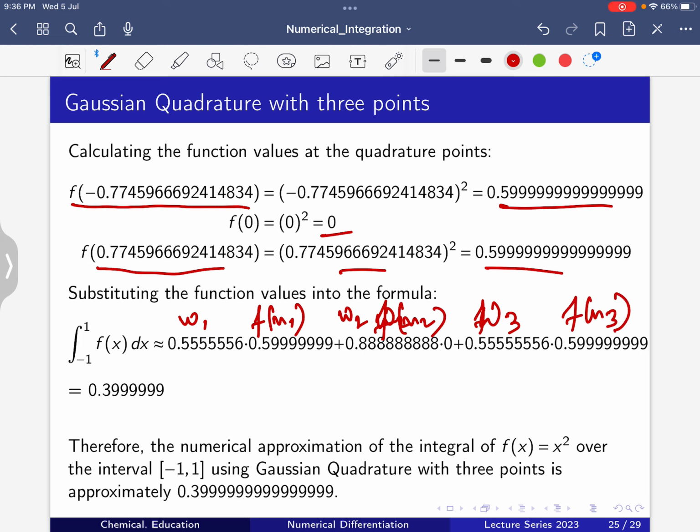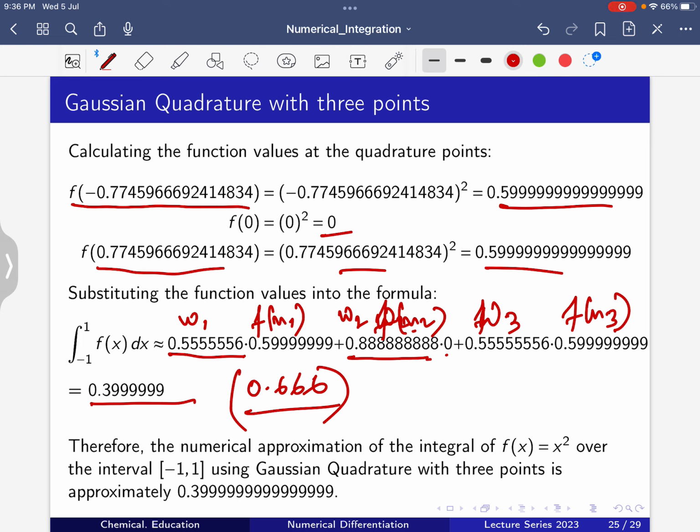The w2 value is this, the w1 value is this, and f(x2) means 0 since x2 is 0. So we can calculate that, and finally we get 0.3994, and the original is 0.666. So that has some error.